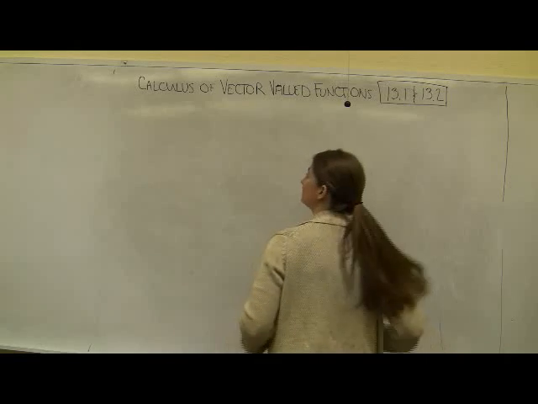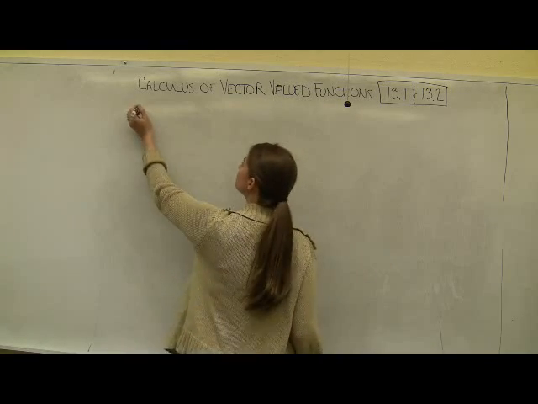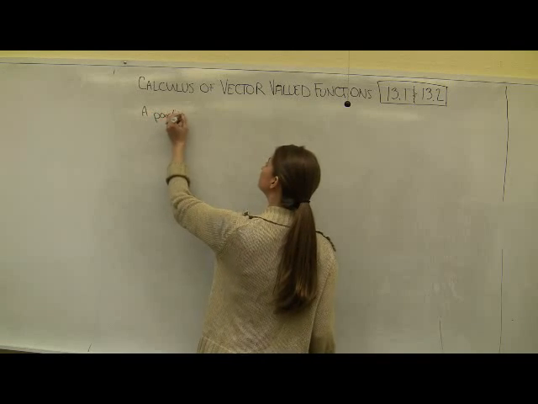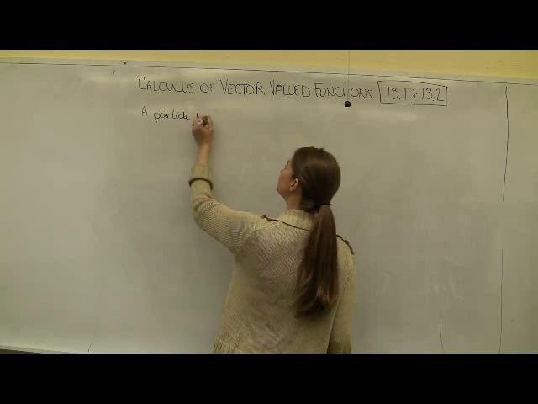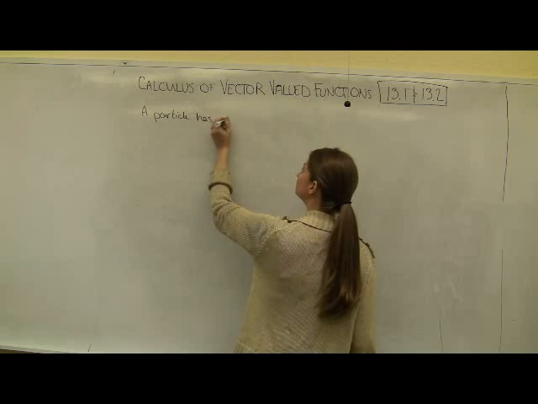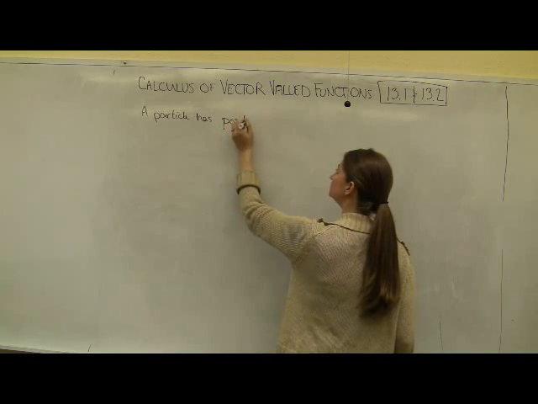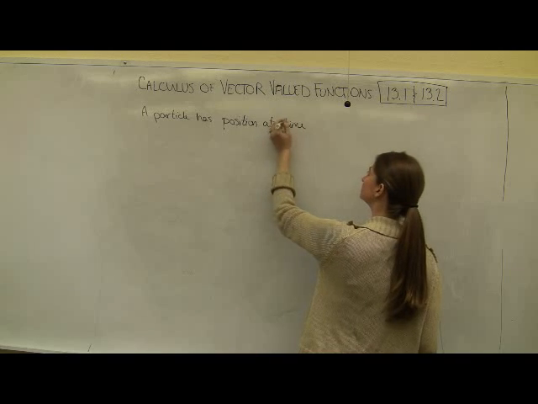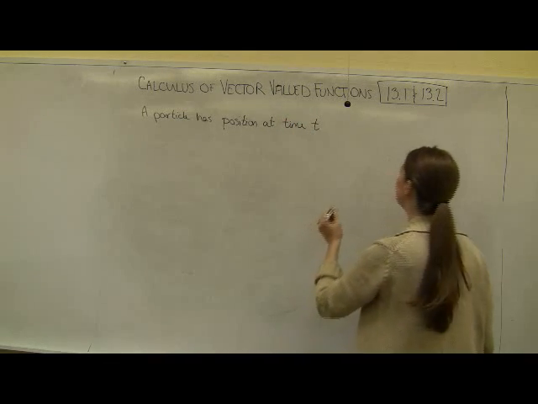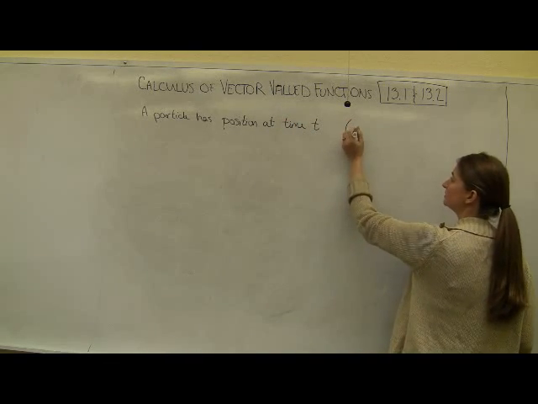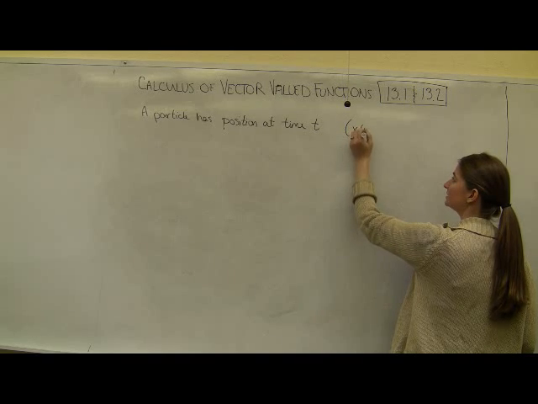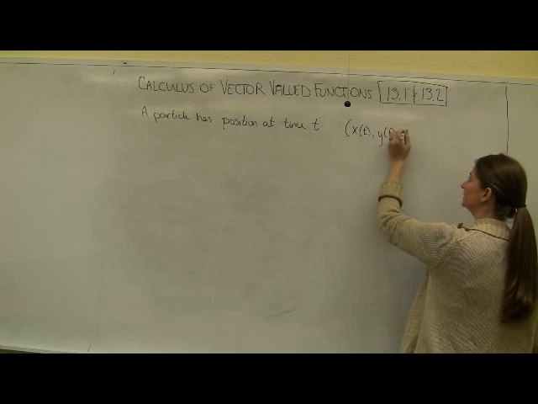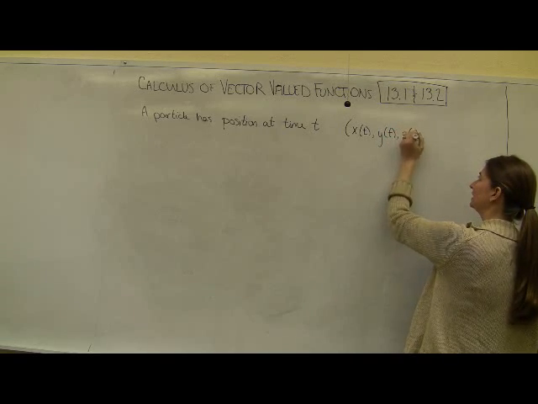A particle in space. Let's say that a particle in space has position at time t given by a point in space, and we're going to call it x of t, y of t, z of t.